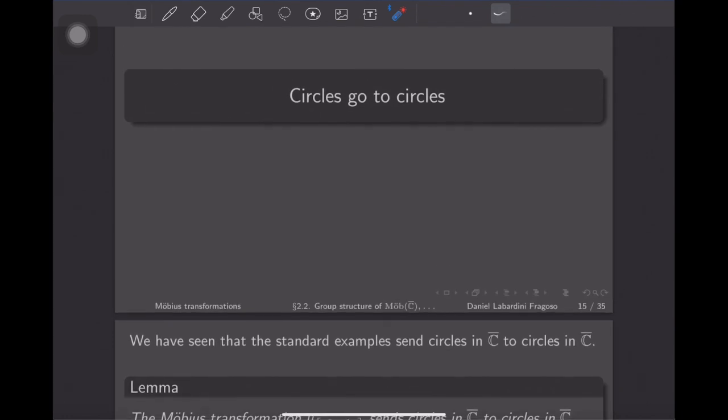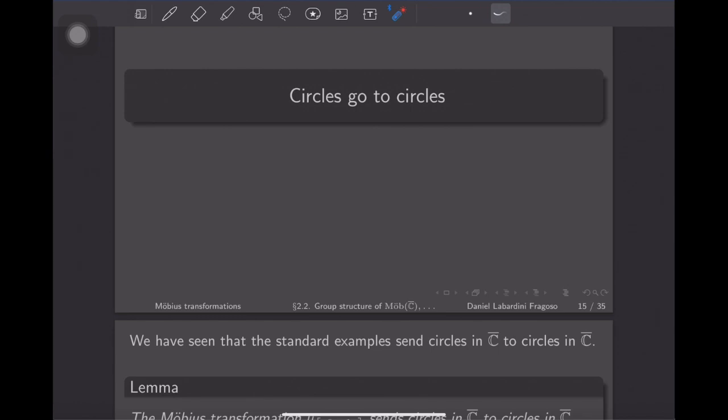Well, in the standard examples, except for the loxodromics, that is for translations and multiplication by alpha, where alpha lives either in the unit circle or in the positive real numbers, the families of curves I found were these rays and circles, and straight lines in the case of the translations.